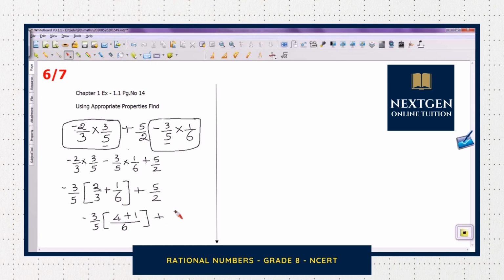Now I add the numerators. What is minus 1 and plus 5? 4. The denominator remains the same. The final answer for this sum is 2.